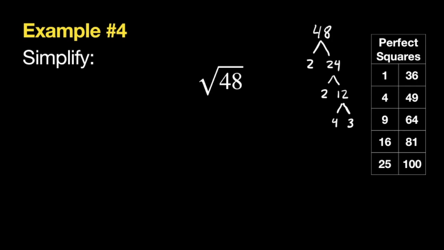And for this problem, we have 2 different ways to approach it. So we already have the square root of 2 to the second power, because we have 2 2's.